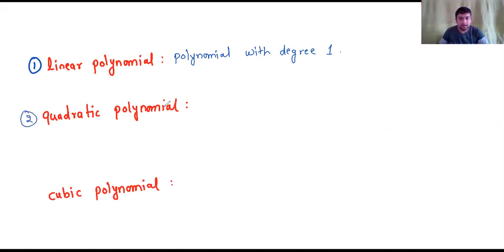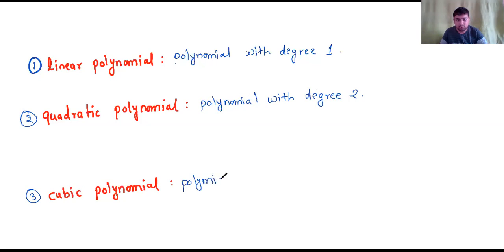What is a quadratic polynomial? It is a polynomial with degree 2. And what is a cubic polynomial? What do you mean by cube? It is a polynomial with degree 3.